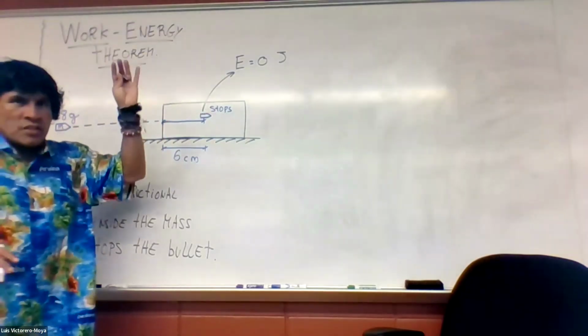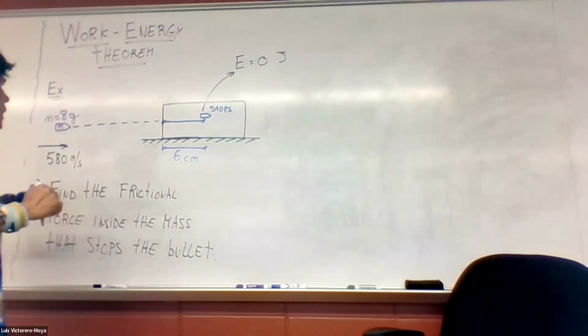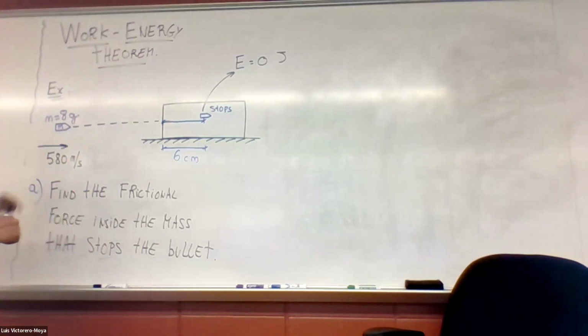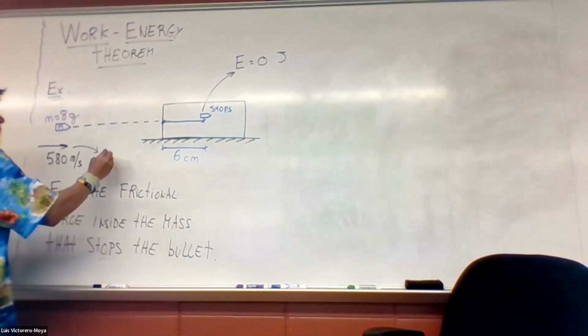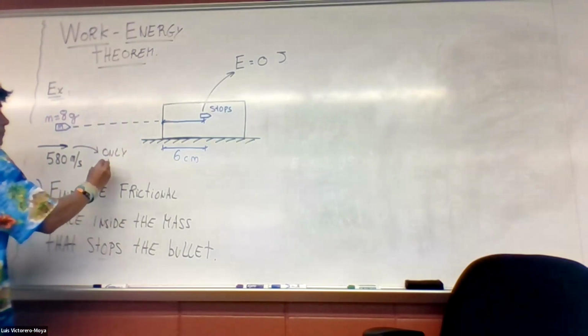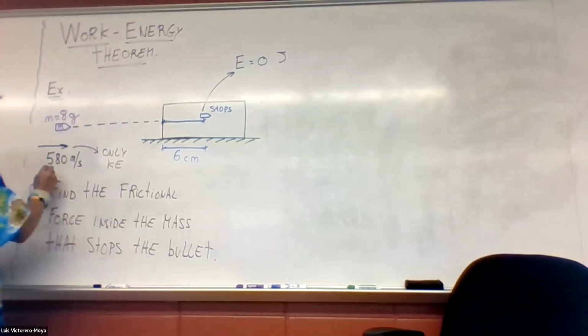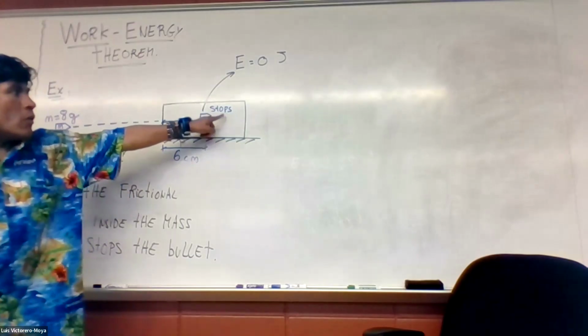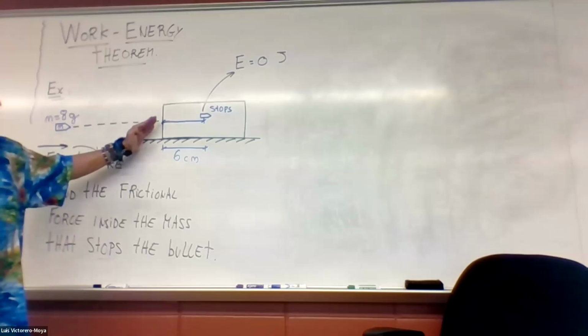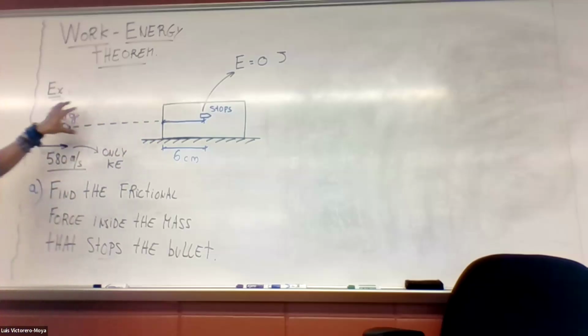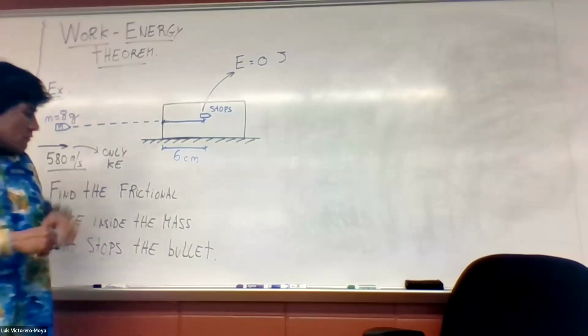So no potential energy, no gravity. Pure kinetic, it's only kinetic because of the speed. So 0 energy minus kinetic, by conservation of energy, there's nothing here. So the energy here is the energy here.